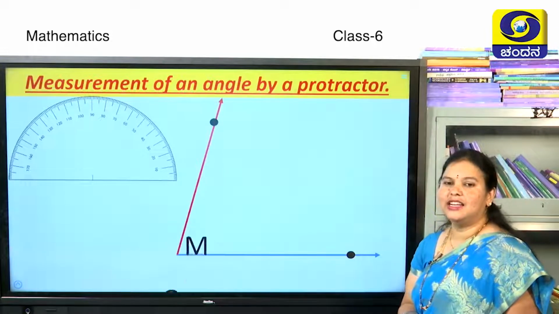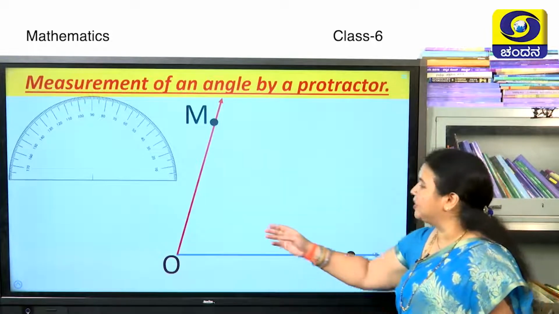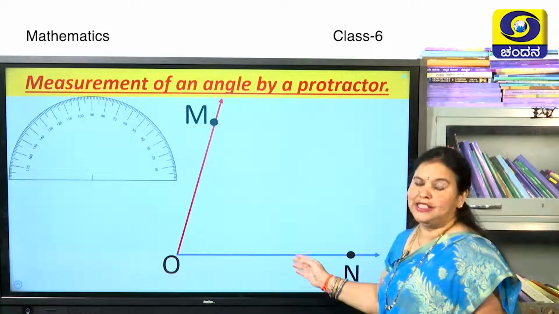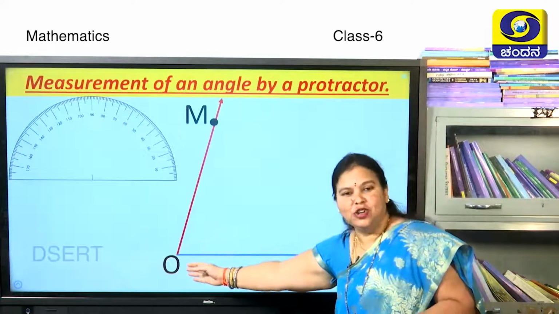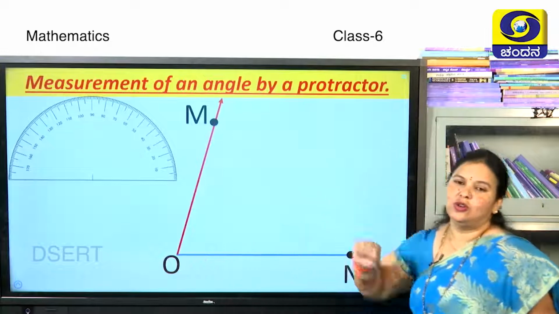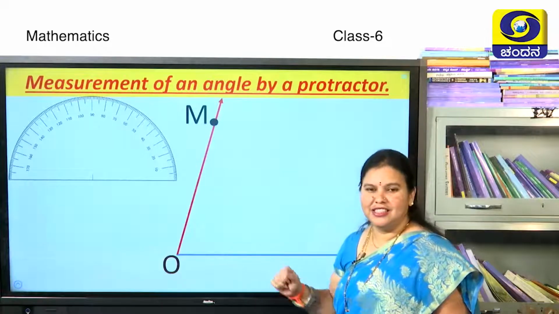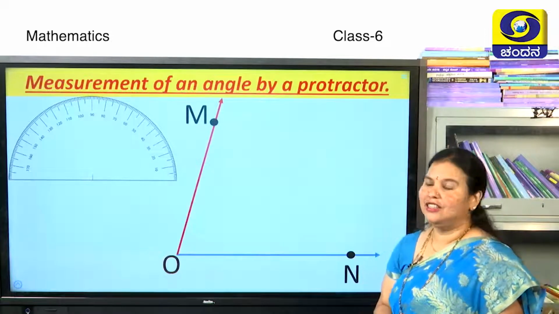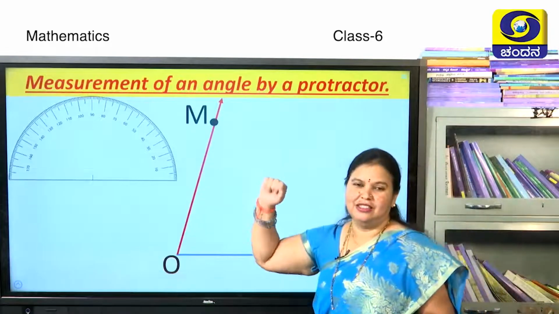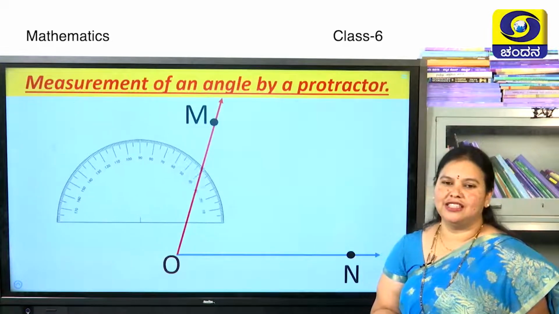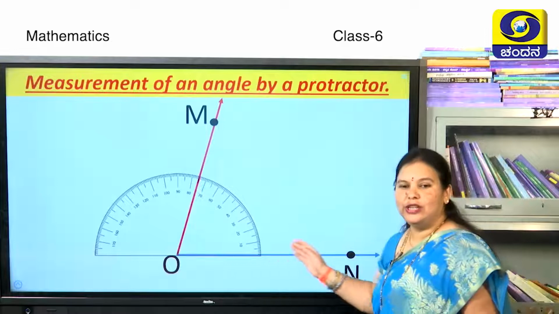Now, we will see how to measure another angle by a protractor. See here, I have taken two line segments OM and ON. These two line segments are meeting at the common vertex O. So, an angle has formed between these two line segments, isn't it? Now, we will find that angle using this protractor. Observe here, I am placing this protractor on the line segment ON.